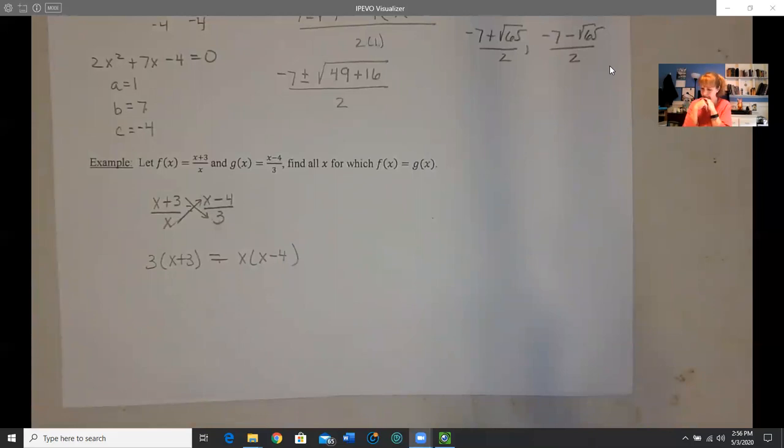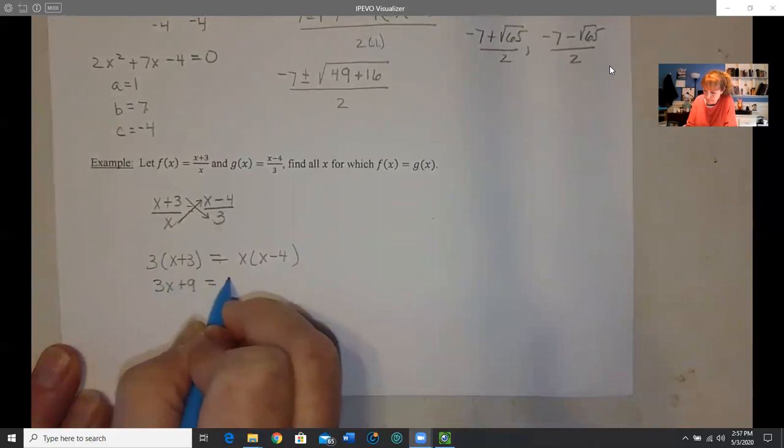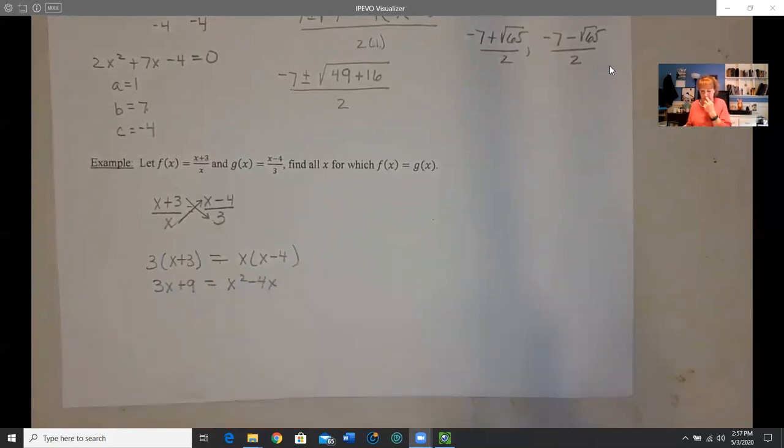So, alrighty. Now let's finish this up. Let's multiply this through. We're going to set it equal to 0. And when I do that, I'm going to move these two over because I want to leave this x squared positive.